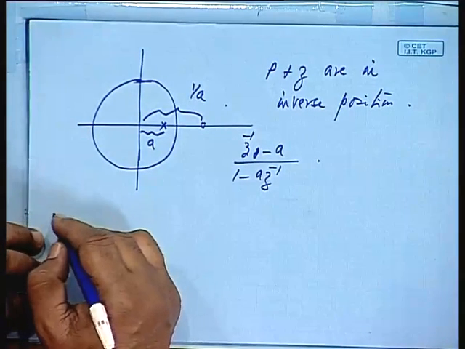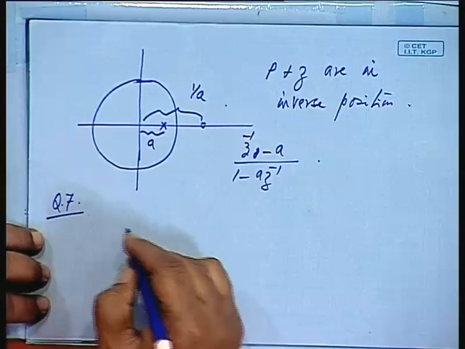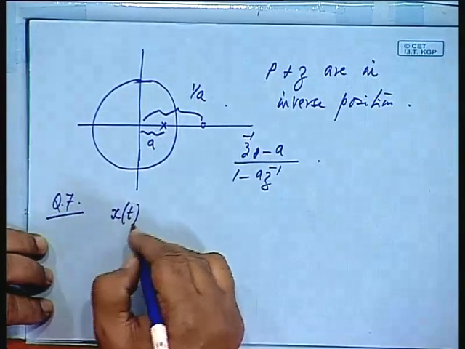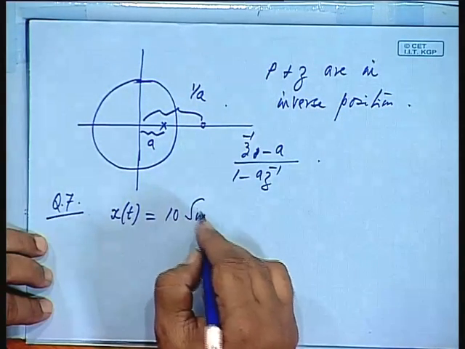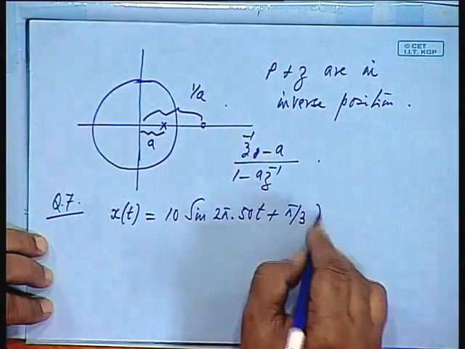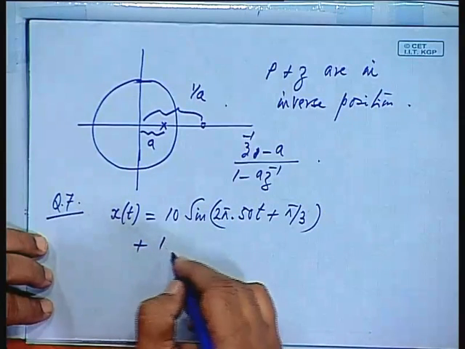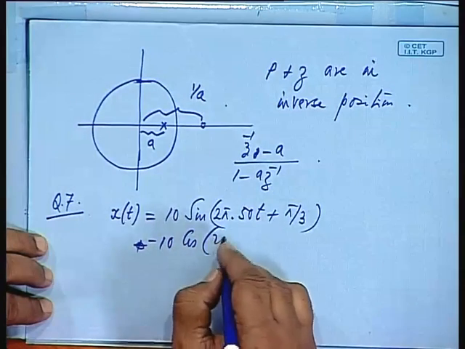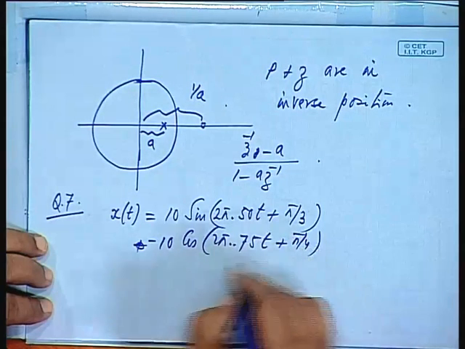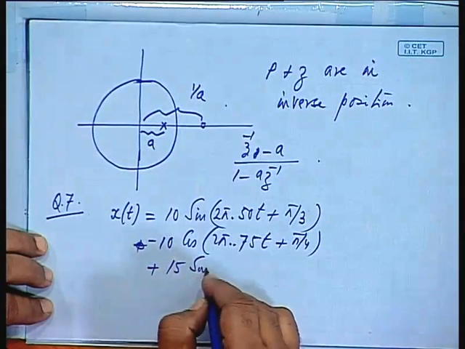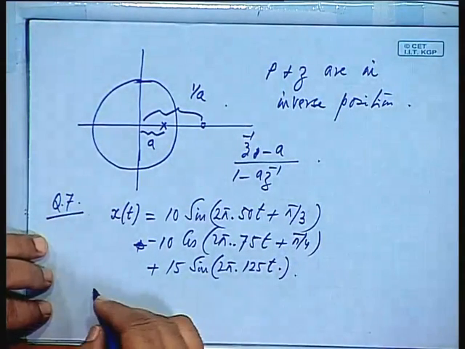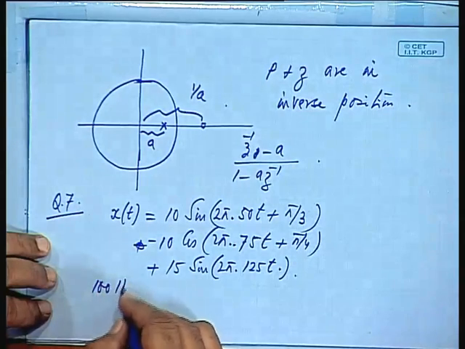Next question is, a signal is given: x(t) equal to 10 sin 2 pi into 50 t plus pi by 3, minus 10 cosine 2 pi into 75 t plus pi by 4, plus 15 sin 2 pi into 125 t, and it is sampled at a frequency of 100 hertz.